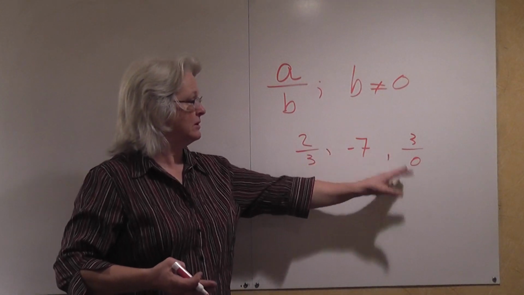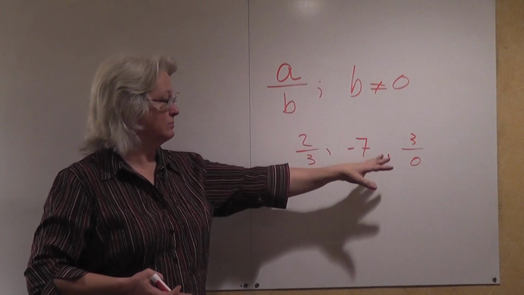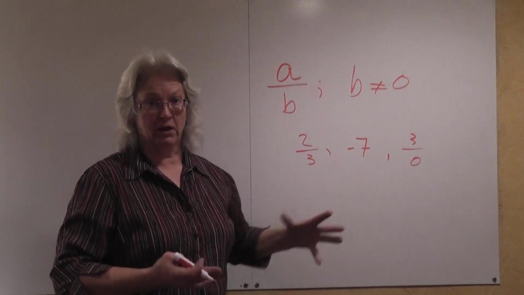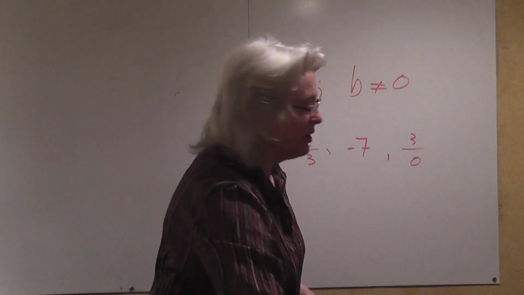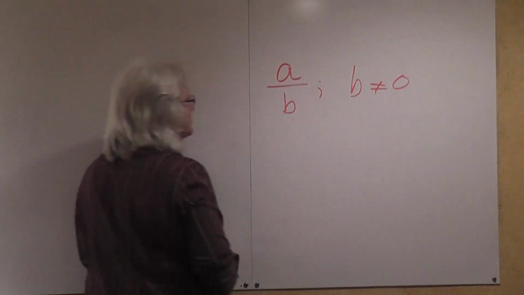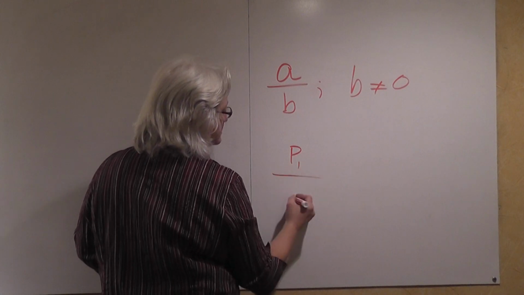So when you have something that looks like a fraction, we call this a ratio. If the denominator is 0, that's an undefined number. You cannot define it. What we're talking about today are rational expressions. And the difference in a rational expression and a rational number is this.